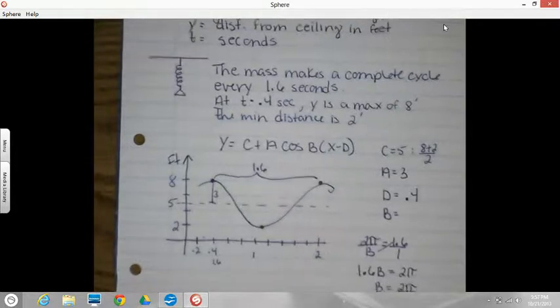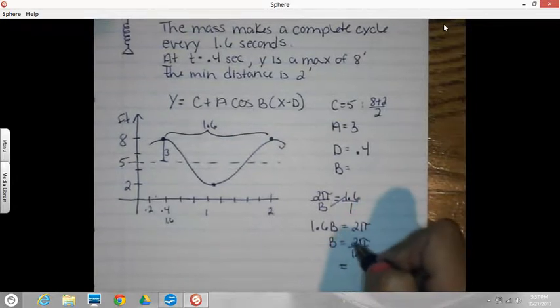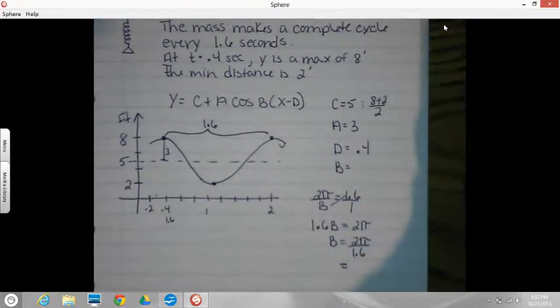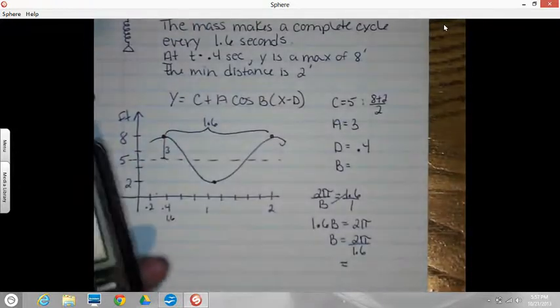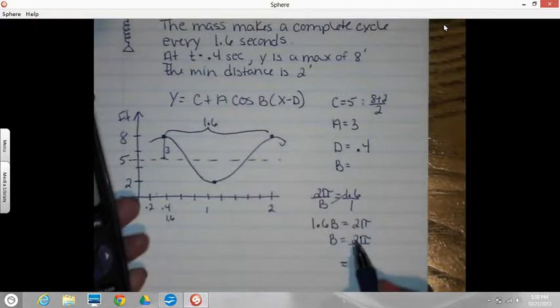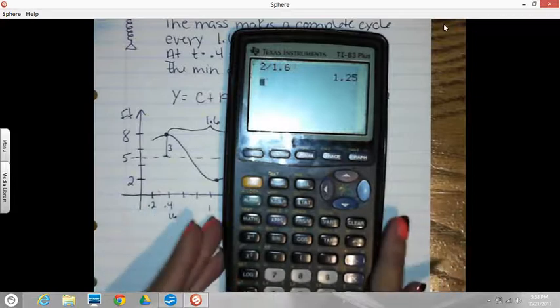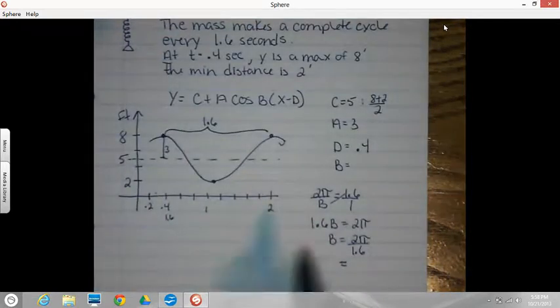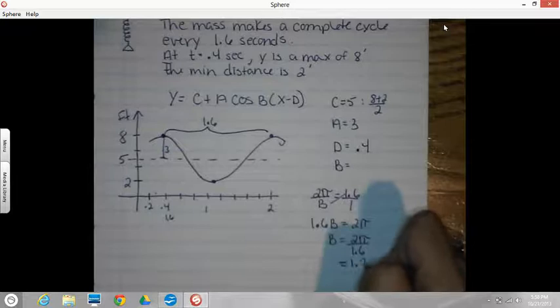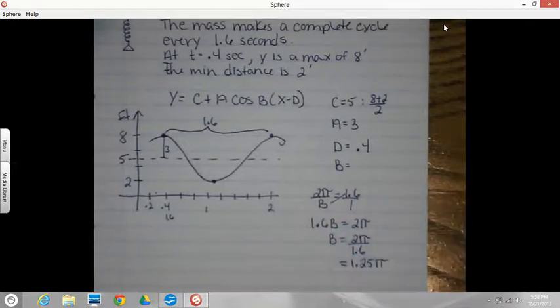So if I take care of that ugliness, I'm going to go 2 divided by the 1.6 just because I really don't want a decimal within the fraction. But I want to keep the pi in there. I want to keep it exact. So I'm just going to go 2 divided by the 1.6. 2 divided by 1.6, 1.25 pi. Okay, so I've got everything we need to write the equation now.